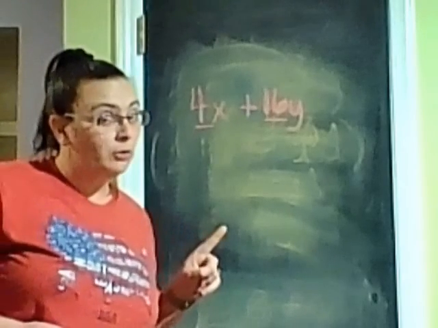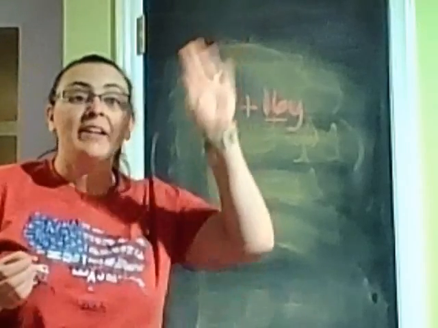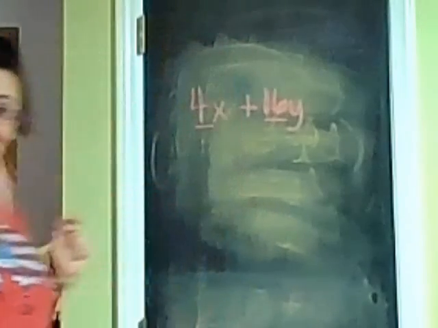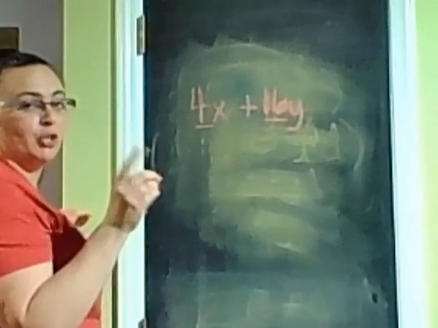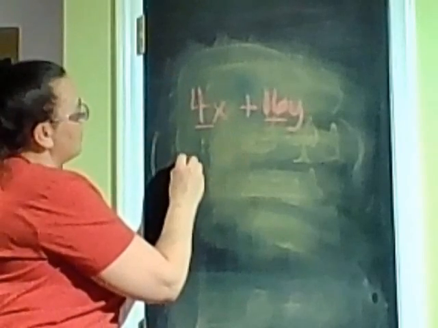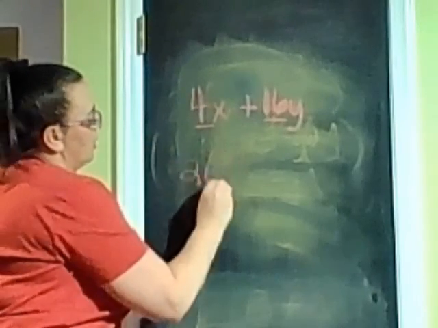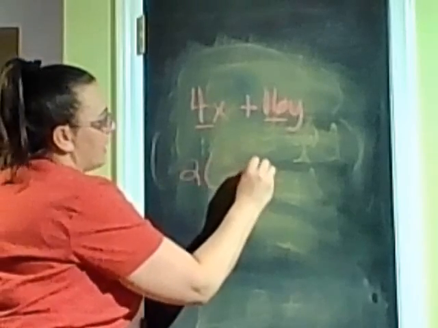Hopefully you said factors. So what factors would work with 4x and 16y? There are a couple. So I'm thinking you're probably saying, oh, I know, 2. Yes, 2 would work. So I could divide 4x divided by 2. So if I take 2 out, that leaves me with 2 on the outside and 2x on the inside.